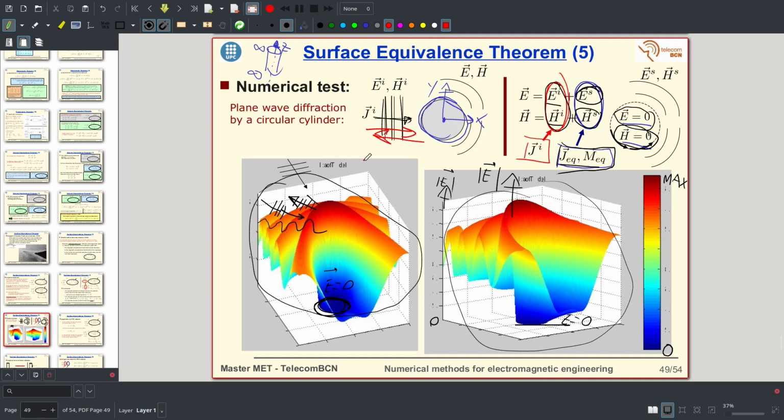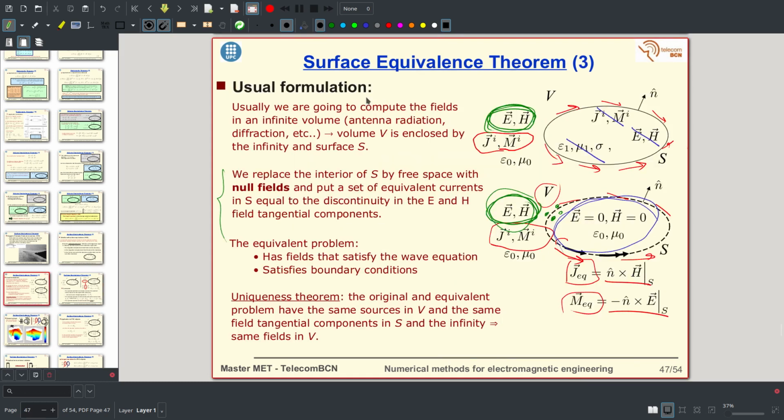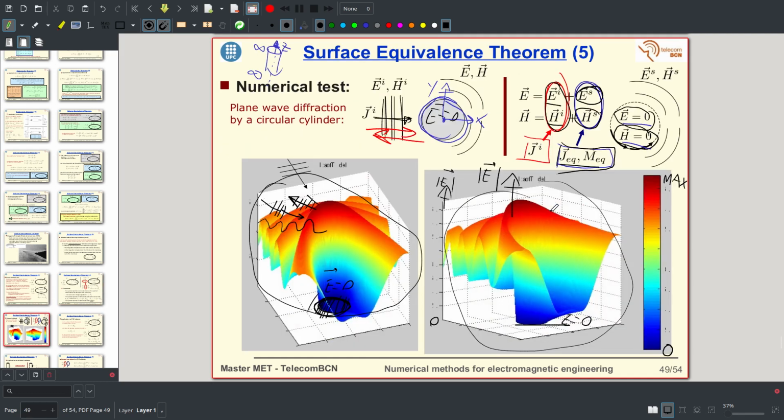So you can very clearly see here that the field is really 0 inside the cylinder, only because when we formulated the equivalence theorem, we set a 0 field inside the cylinder. So this is coherent with Maxwell's equations, and when we compute the field, we really get that 0.